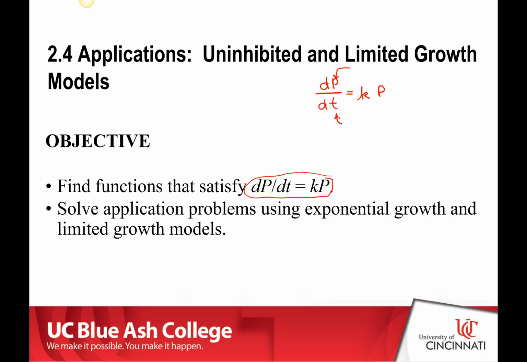Now, think about what's going on here. What this says is if we take the function, there it is, P, and we compute its derivative, we're going to get P back. What function do you know of that we can take the derivative and get back what we started with? e to the x. So these are going to work with e to the x.